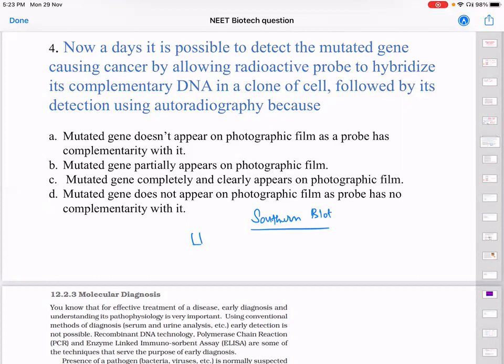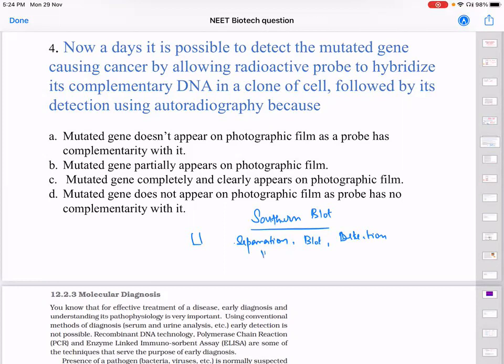You go for separation, you go for blotting, and you go for detection. These three are the wings of Southern blot: separation, blotting, and detection.